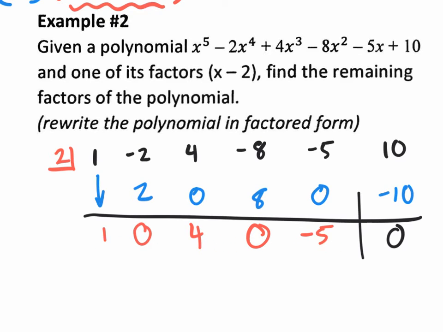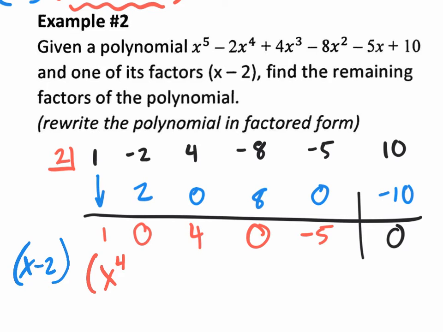So let's write our depressed polynomial. We just verified that x minus 2 is a factor. That binomial is a factor of that 5th degree large nasty polynomial. But what new polynomial do we have left over that's depressed? X to the 4th. Now, do we have x cubed?